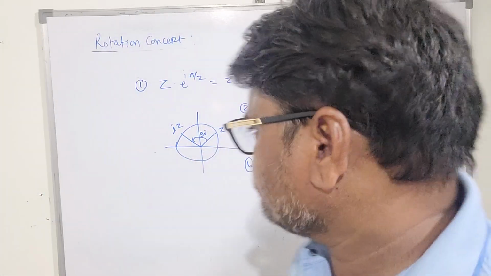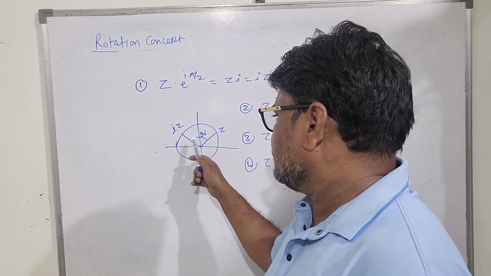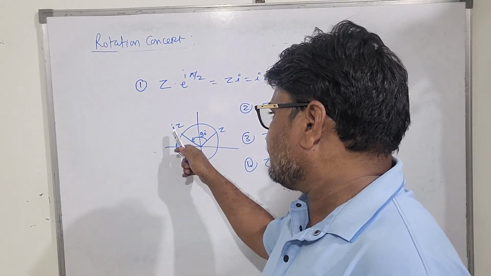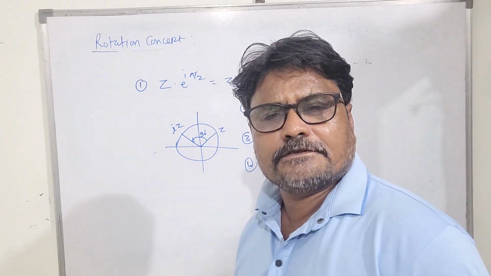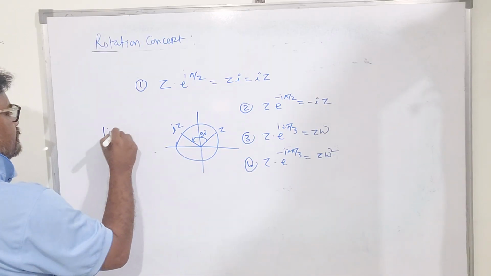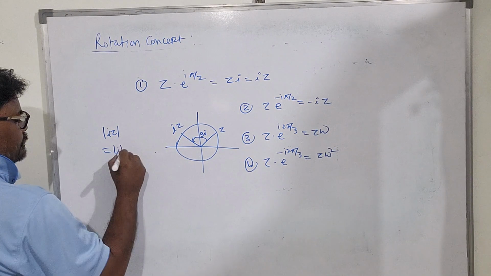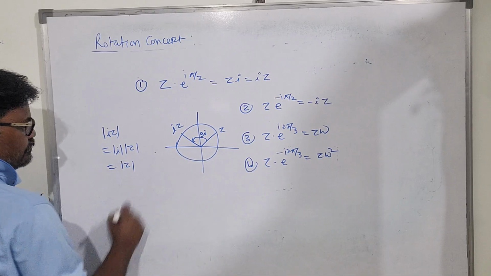Now one more important concept. Now look here, this z and iota z, the angle between z complex number and iota z complex number is 90 degree, and modulus of both z and iota z is same. Modulus of iota z is modulus of iota into modulus of z. Modulus of iota is always 1. This is simply modulus of z.